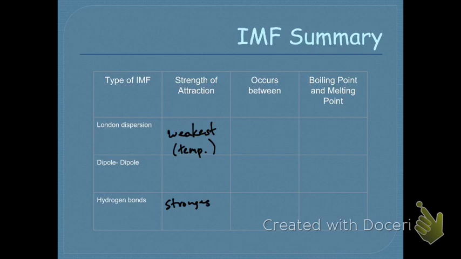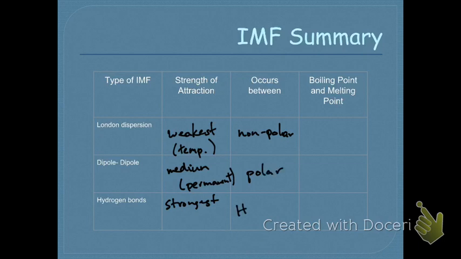I guess you could put medium or something. And so these are permanent. The weakest occur between nonpolar molecules. These occur between polar molecules, and then these occur whenever hydrogen is attracted to nitrogen, oxygen, and fluorine.